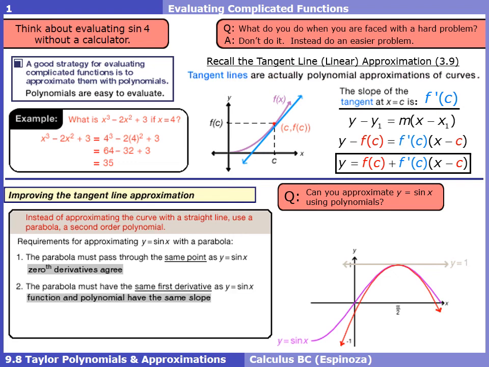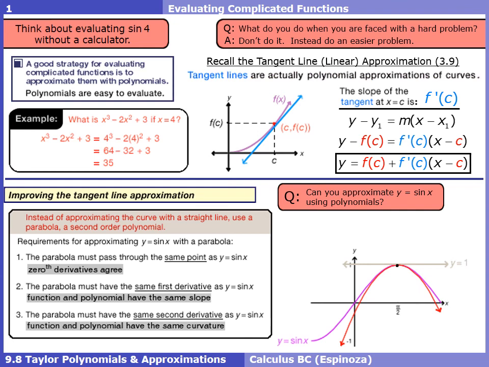The next thing that has to agree is that, of course, they have to have the same slope at this point right here. And again, we're trying to look at this point right here, pi over 2. So not only do we want the point on our purple and red function to match up, we would also want the slope to match up because they would have to have that same shape. The next thing we would want to match up is the second derivative.